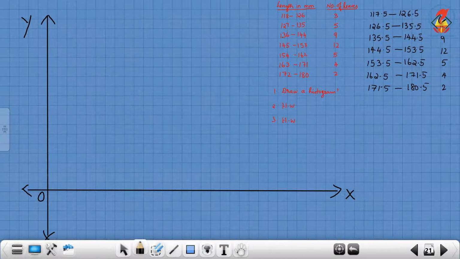Origin means 0. What is the first interval? Class interval 117.5 to 126.5. The class interval you should mark on the x-axis, and frequency on the y-axis. Here the class interval is the length in millimeters. Next, number of leaves.